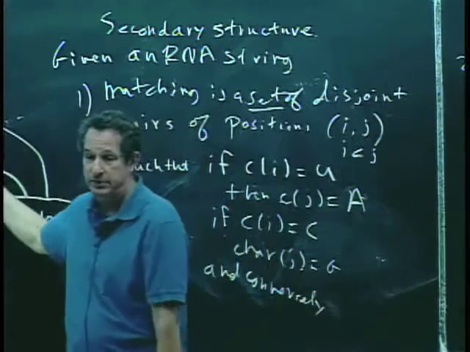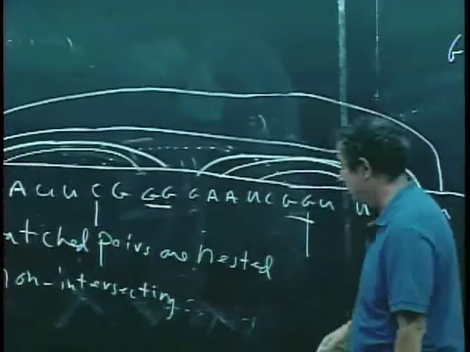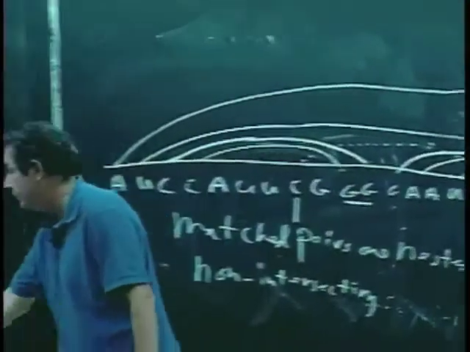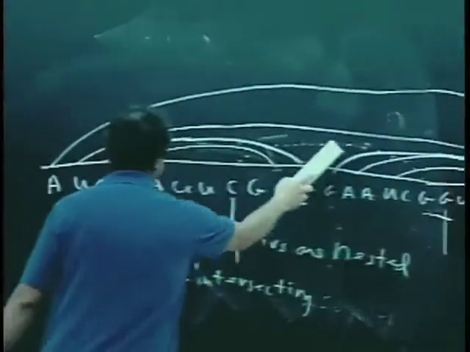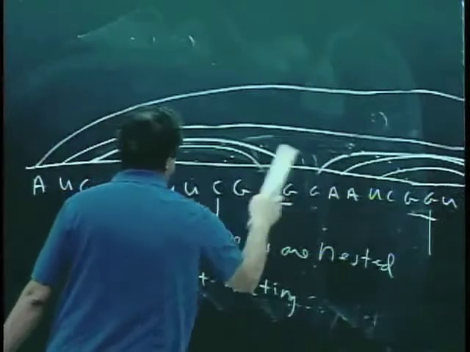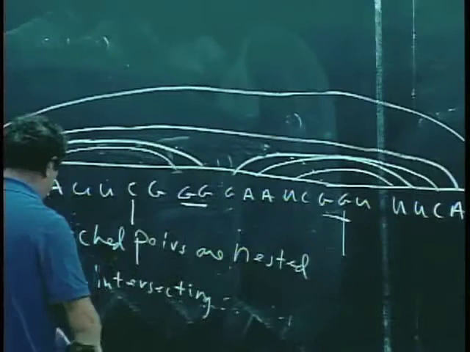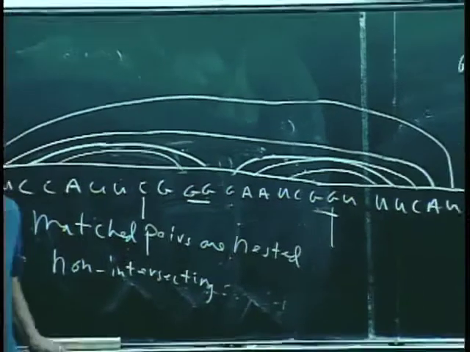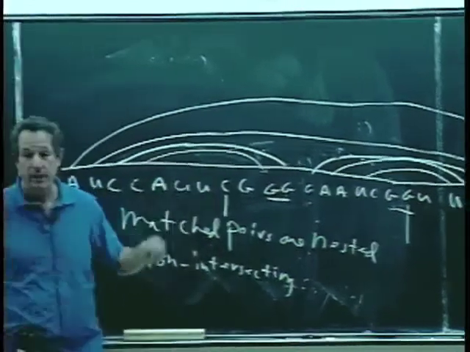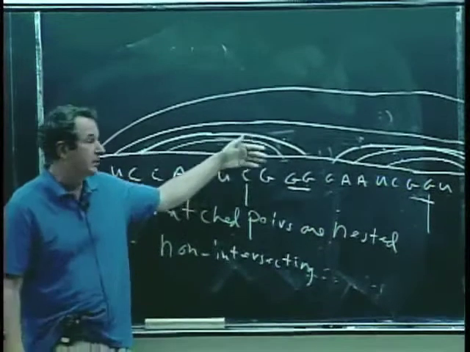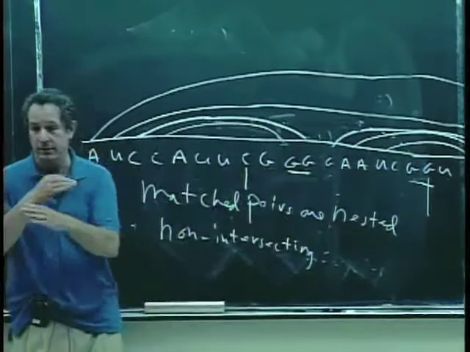This represents a secondary structure because it satisfies all of those conditions. If I had this extra pair in there that I just erased, then what we're looking at would not be a secondary structure, because it would violate the non-intersecting condition.